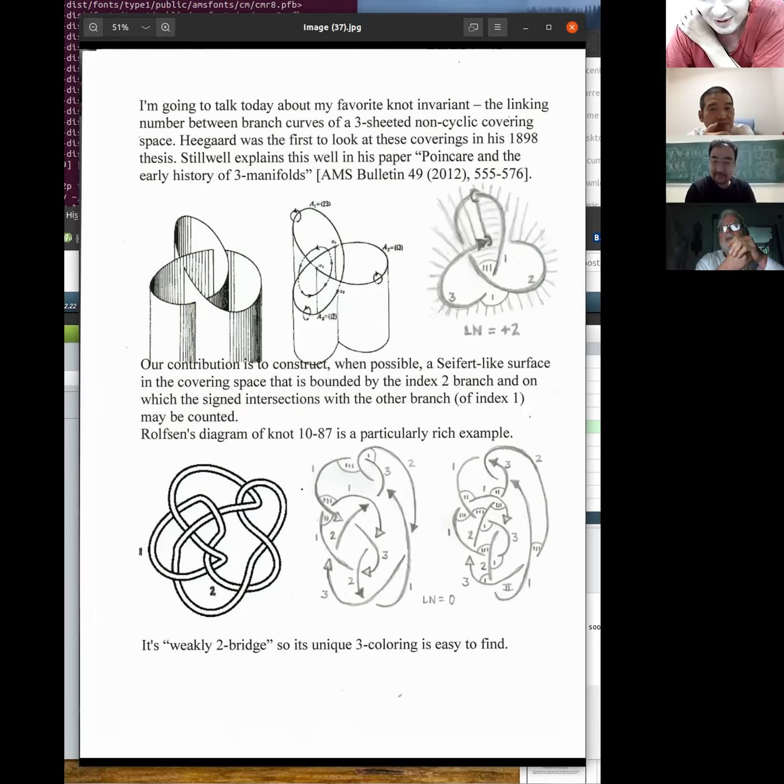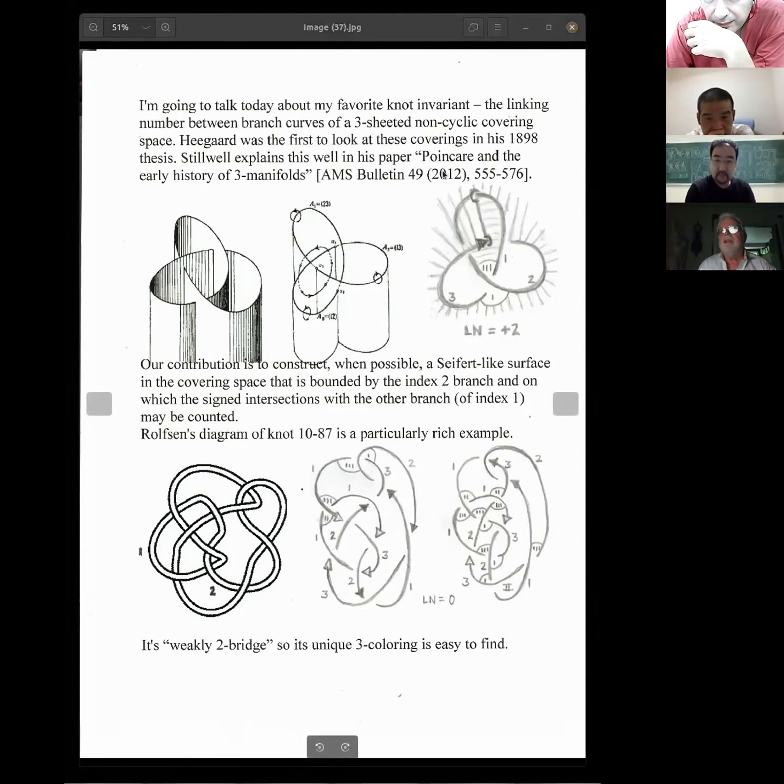Okay. Well, now the interesting thing about the way I construct a surface, as indicated by the picture on the upper right, is that it doesn't work for all three colored diagrams. In fact, it's pretty clear that it's only going to work when the linking number upstairs is an integer, but it doesn't even work all the time then.